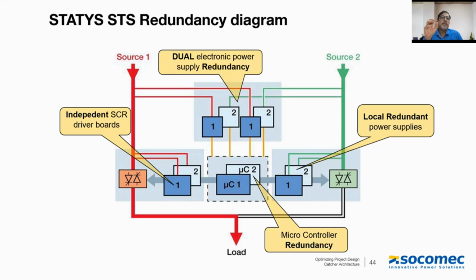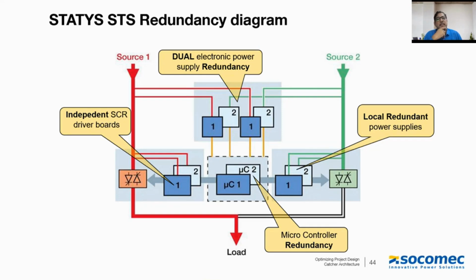We will not dwell into too much internal detail, but as a minimum understanding of STS, when you look at the specifications, it should have dual electronic redundant power supplies, meaning not just redundant, but dual redundant. From source 1 and source 2, there are two sets of power supplies which feed the remaining controllers and electronics in an STS.